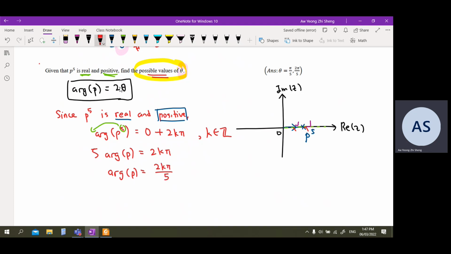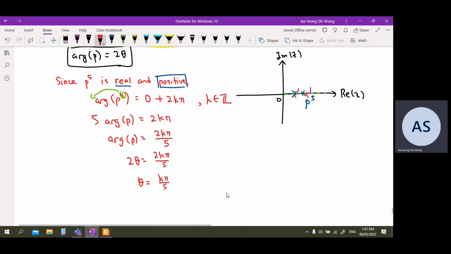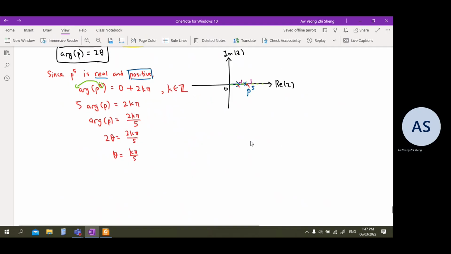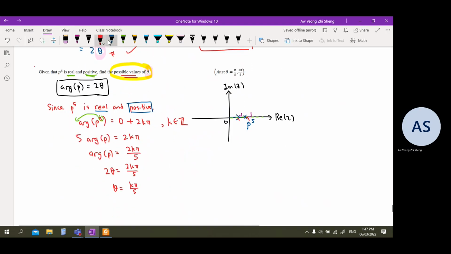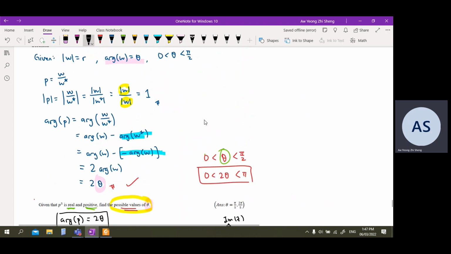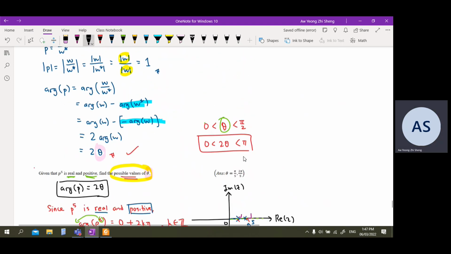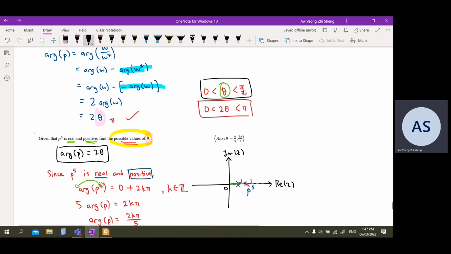But what is argument p? It is 2 theta. So now I have 2 theta is 2k pi over 5. Solving for theta, it is simply k pi over 5. Now, the question tells us that theta must be between 0 to pi over 2.